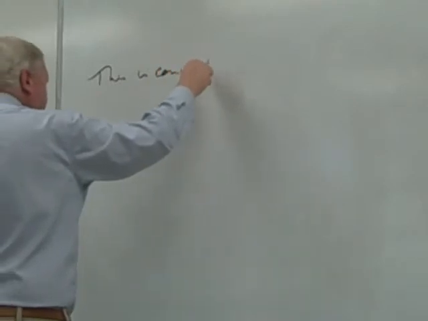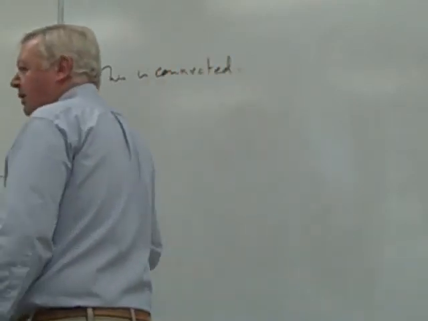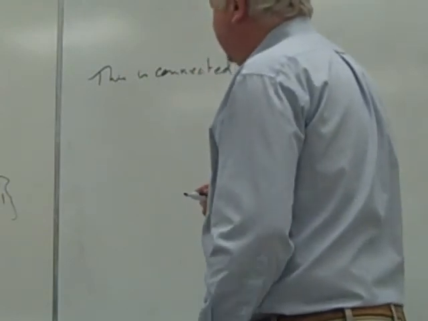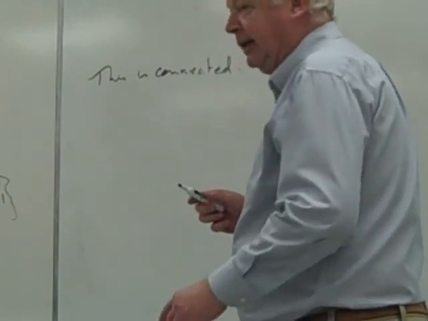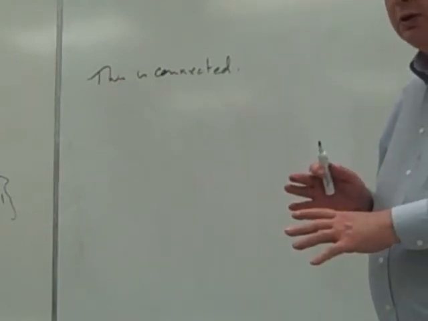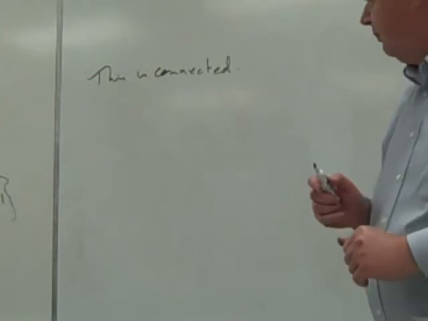This is a connected set, and the easiest way to see that is to use the previous result and exhibit the circle as the image of a continuous function from an interval.